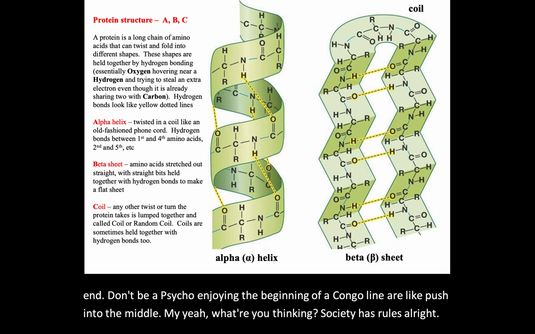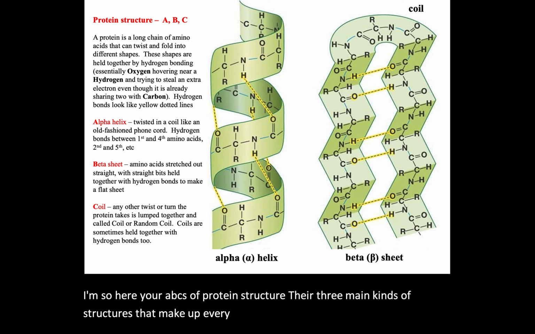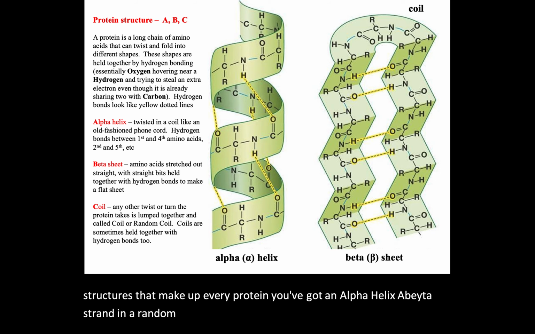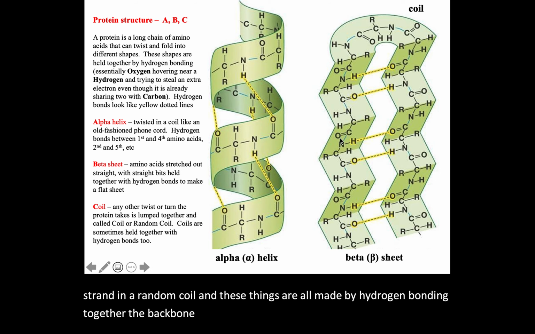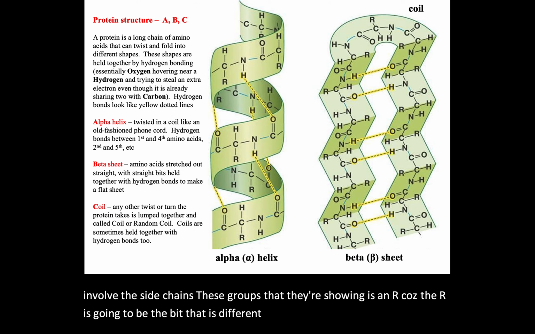So here are your ABCs of protein structure. There are three main kinds of structure that make up every protein. You've got an alpha helix, a beta strand, and a random coil. And these things are all made by hydrogen bonding together the backbone of the protein. So these are generally not going to involve the side chains, these groups that they're showing as an R, because the R is going to be the bit that is different on each amino acid.